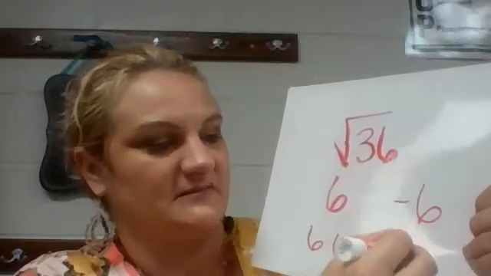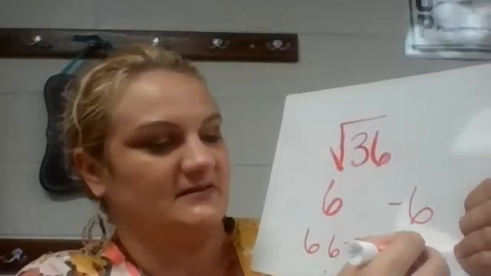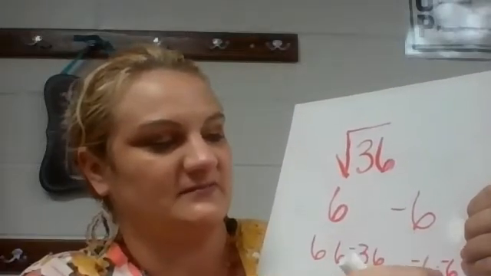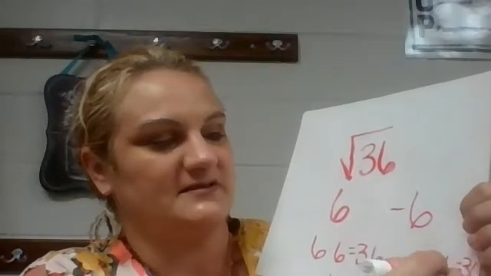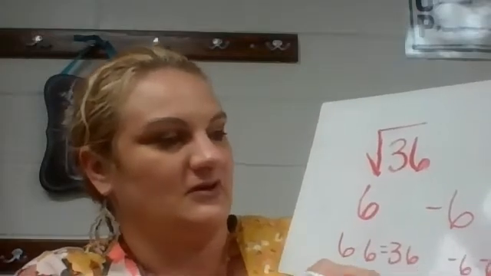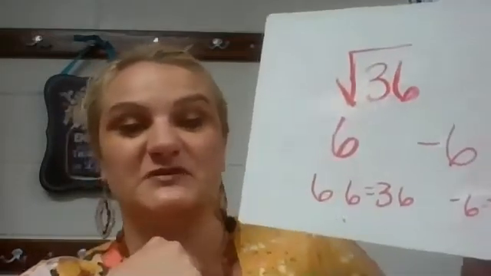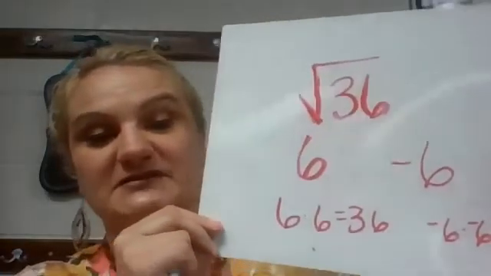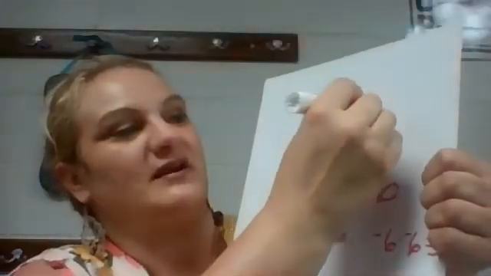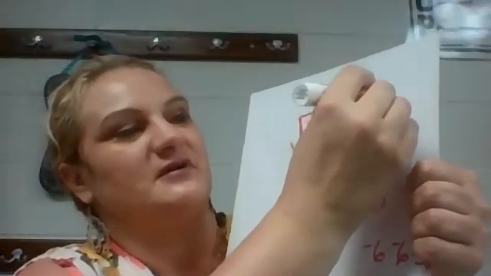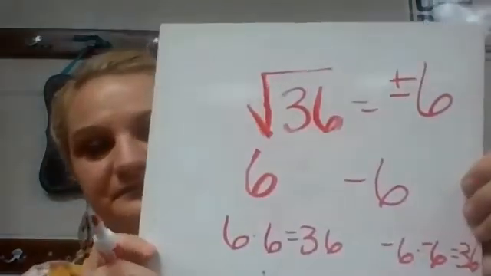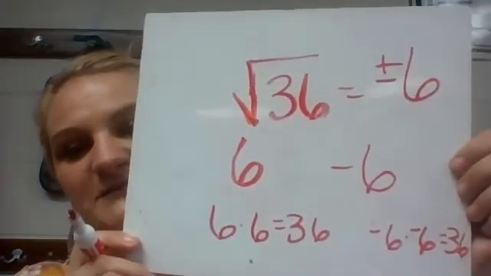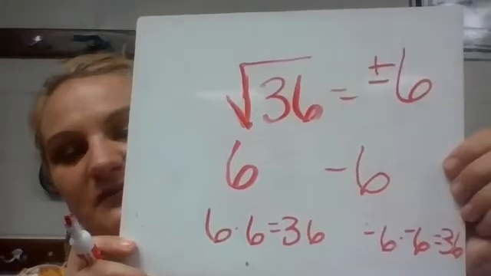Negative 6. Because negative 6 times negative 6, remember negative times a negative equals a positive. So when we go to write our answers for this, we would write our answer as positive or negative 6. And that's for any perfect square root.